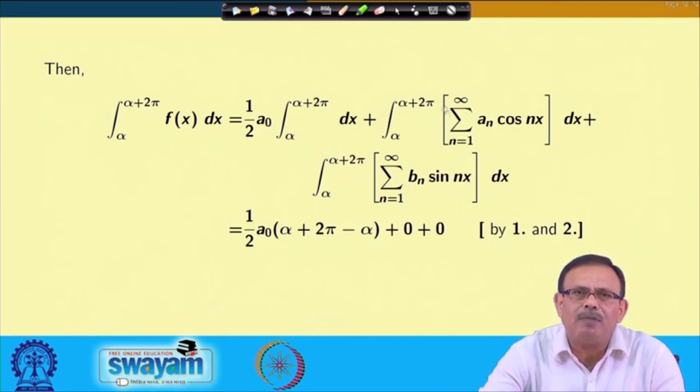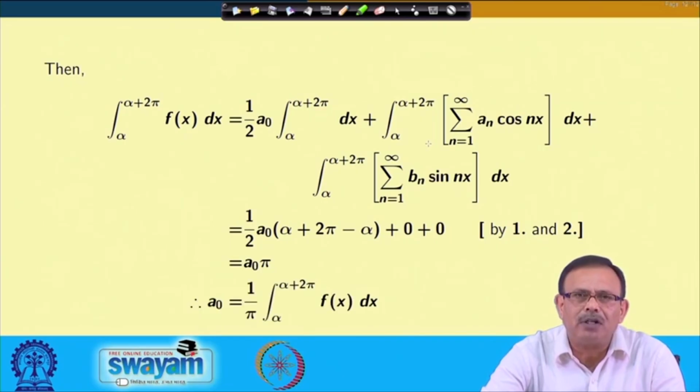If you see, the value of the first term is only alpha plus 2 pi minus alpha, and from the definite integral values which we did just now, the second integral will be 0, the third integral will be 0. So that you will obtain the value as a naught into pi. So, I can write down a naught equals 1 by pi integral from alpha to alpha plus 2 pi of f(x) dx.